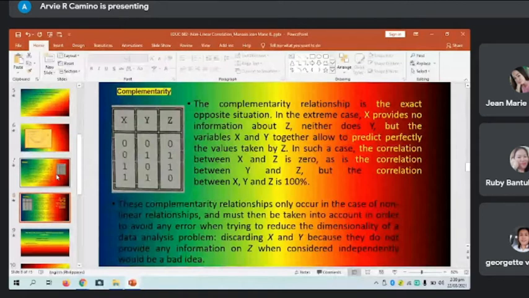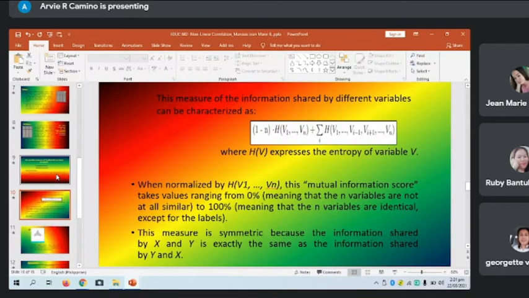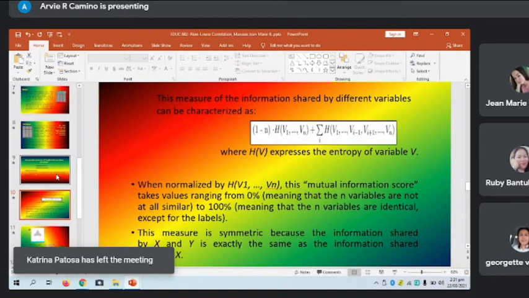When normalized, this mutual information score takes values ranging from 0%, meaning that the n variables are not at all similar, to 100%, meaning that the n variables are identical except for the labels.